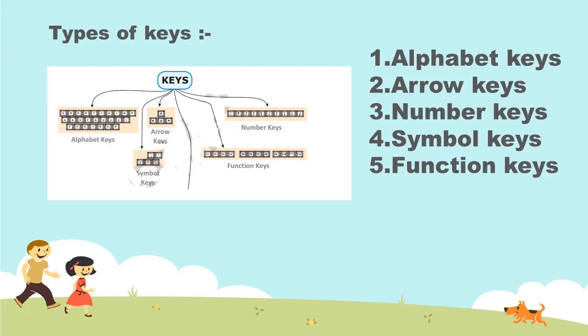These are the symbol keys. They are used to type some specific symbols. There are function keys also, which are used to perform some special functions. They are F1 to F12, present on the topmost line of the keyboard.